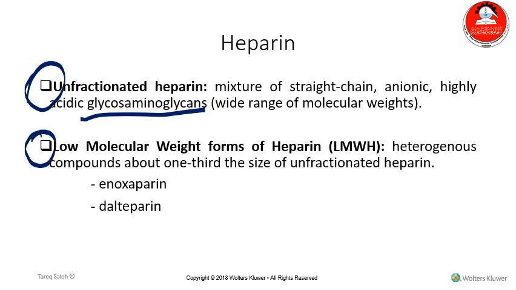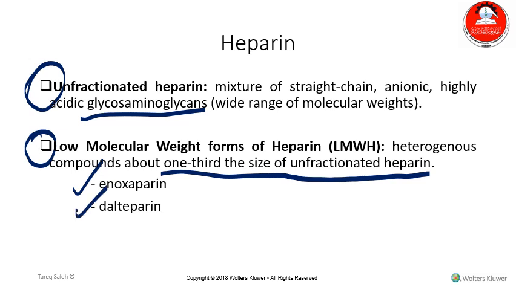And these basically represent molecules that are one-third of the total size of unfractionated heparin. We have two drugs under this category that are very commonly used, and these are called enoxaparin and dalteparin. These two low molecular weight heparins are very effective anticoagulants.